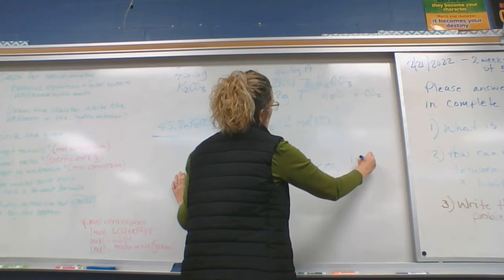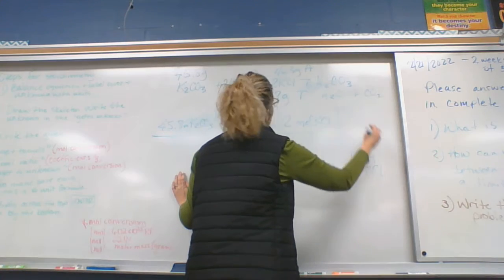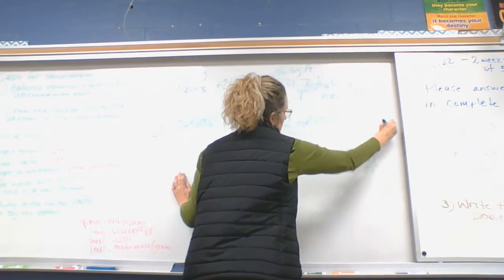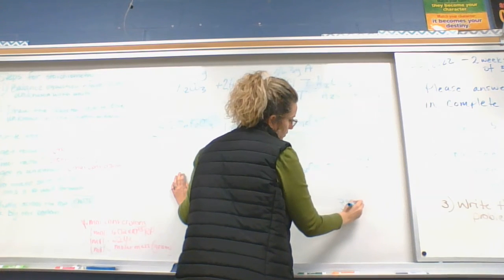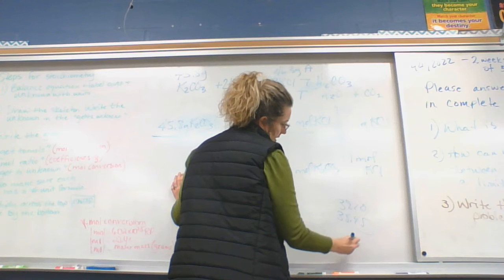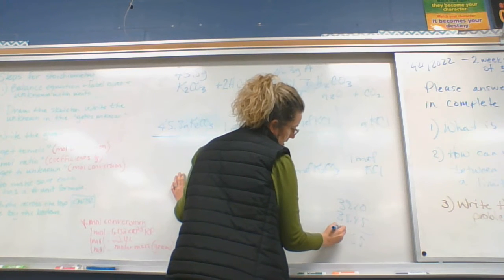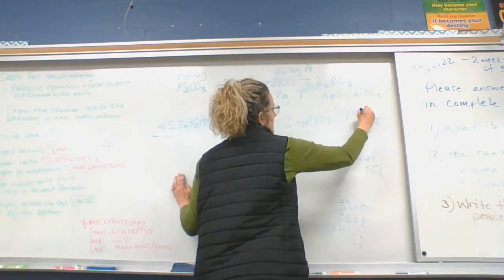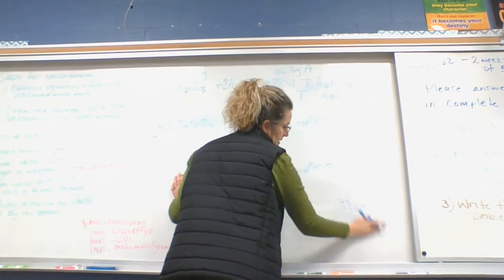So for every 1 mole of KCl, it is grams of KCl. So 39.10 plus 35.45, 74.55. Is that what y'all got?